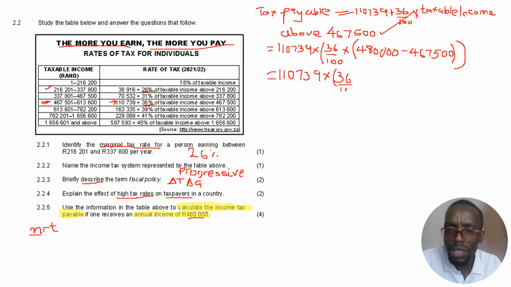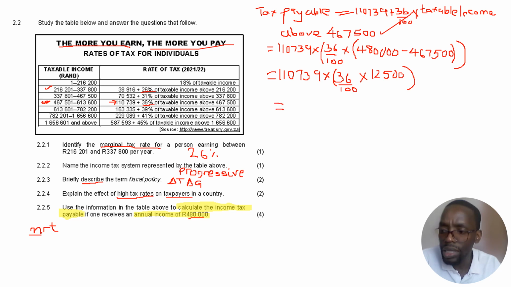If you subtract 467,500 from 480,000, your answer there is 12,500. So it's 36% of 12,500, and then close that bracket.